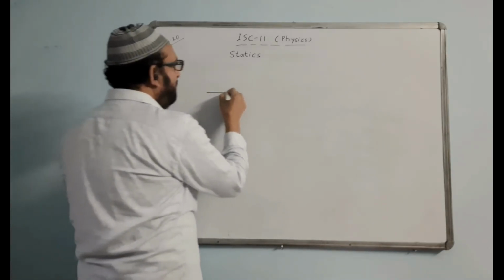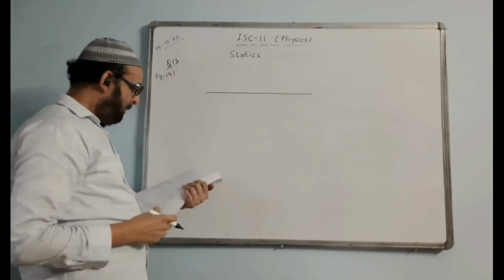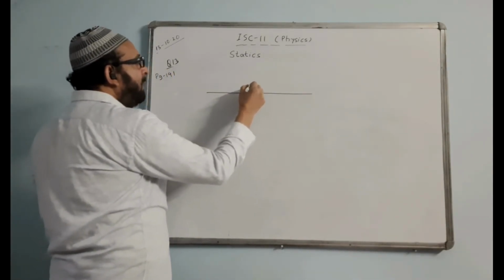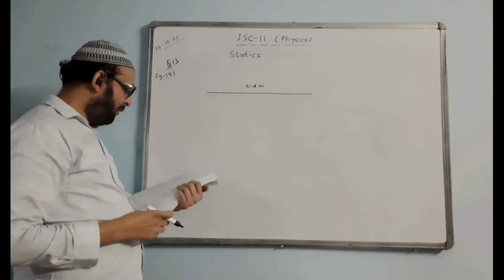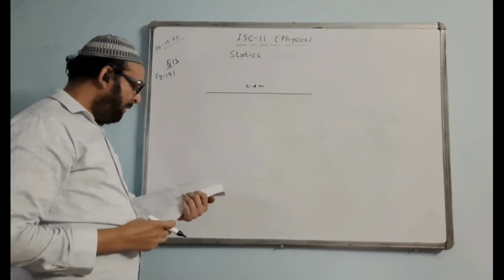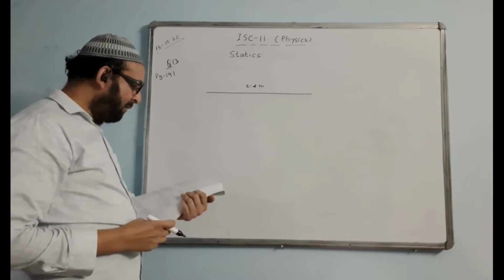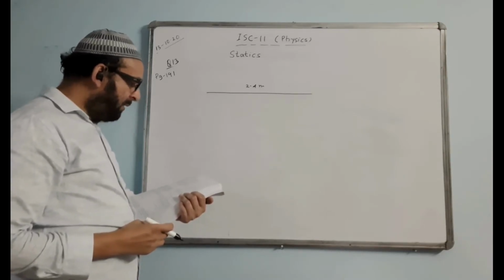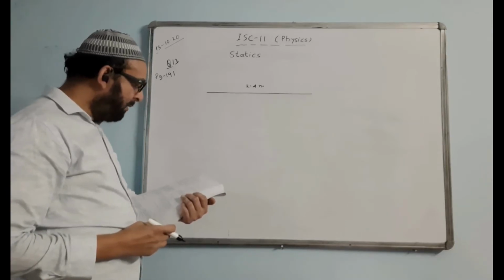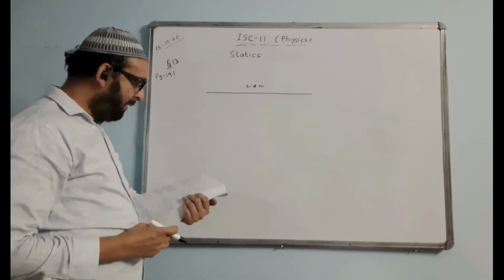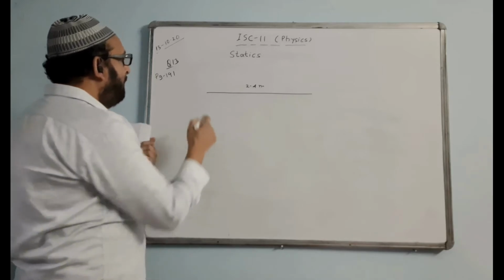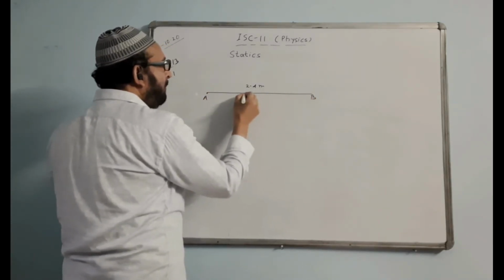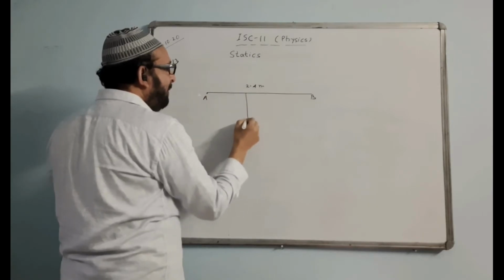So it is like this: there is a pole, the entire pole is 2.4 meter long. At what distance from the man A must the sack be suspended so that he may carry 2/3 of the load? There are two people here, A and B.